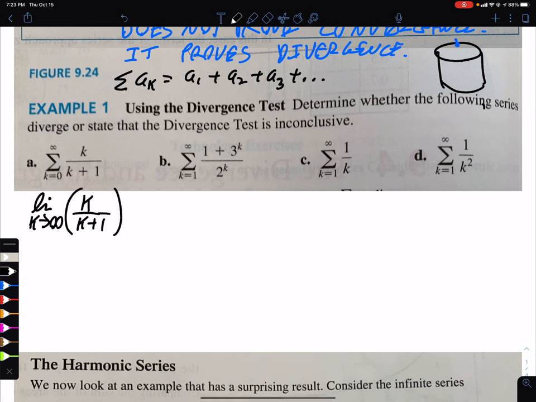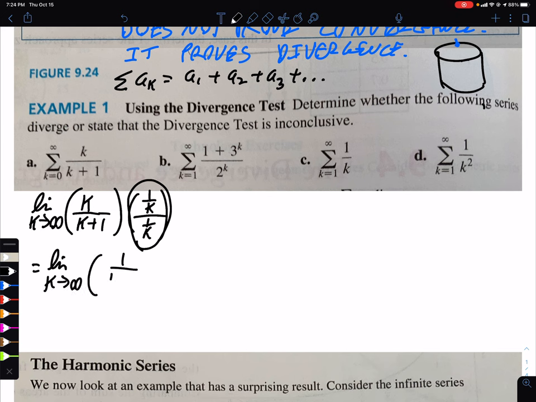This is an indeterminate case because you get infinity over infinity. And you learned you could divide everything on top and bottom by k. In actuality, I'm multiplying by 1, and you're allowed to multiply anything by 1 and it doesn't change it.